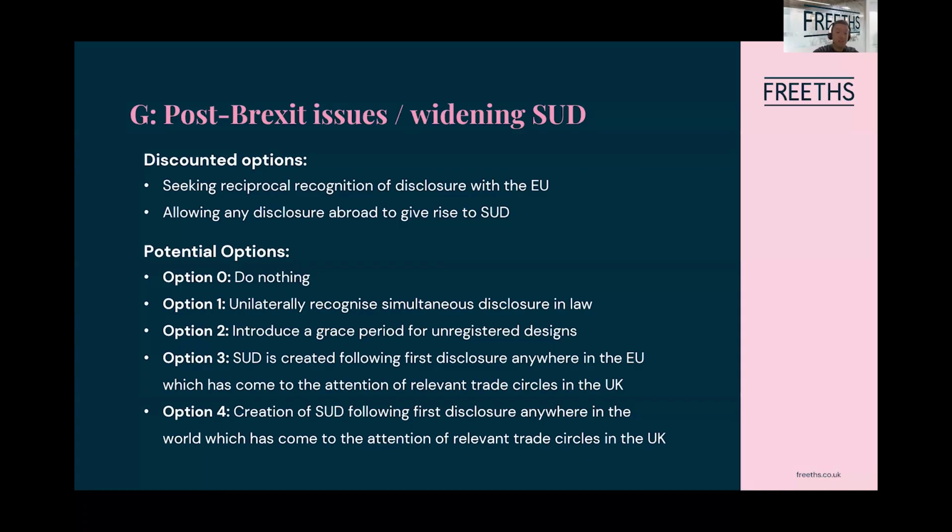So it isn't actually entirely clear, and I don't think we'll have clarity until a case comes to the ECJ, as to the specific requirements for disclosure in the EU. There are people who think that a disclosure outside the EU, but which comes to the attention of trade circles in the EU, would qualify for protection, especially now that the design regulation has been amended.